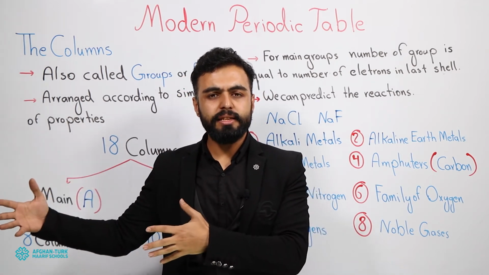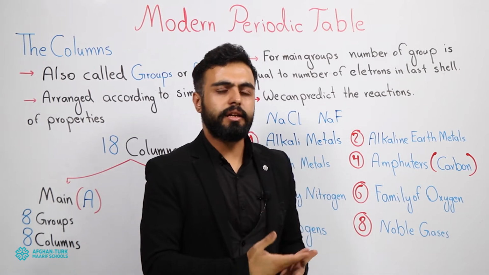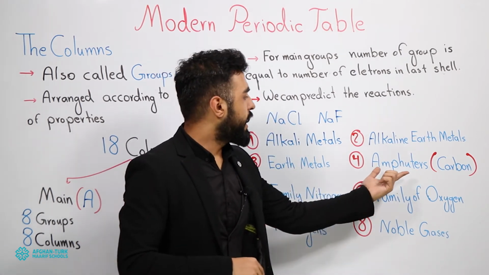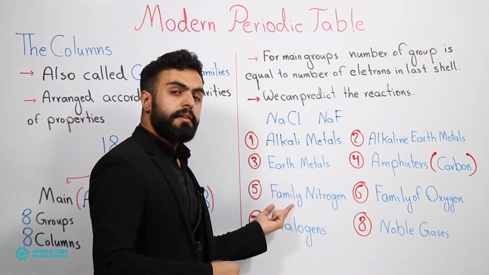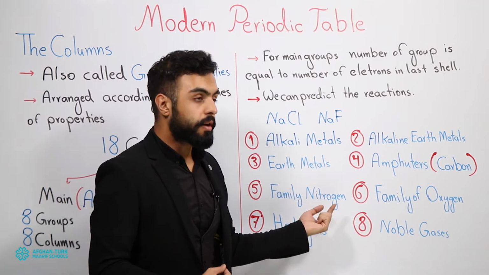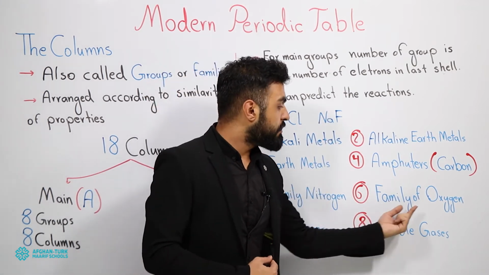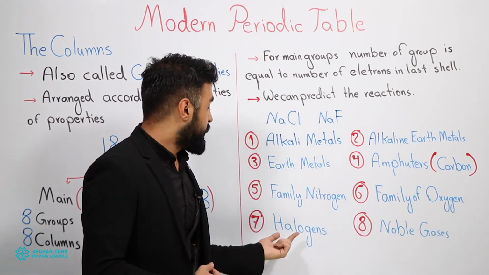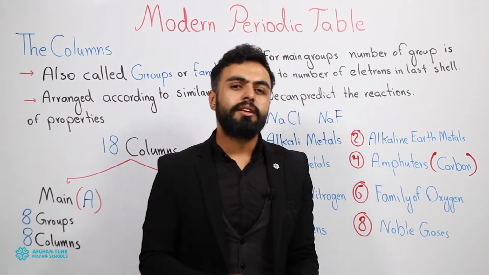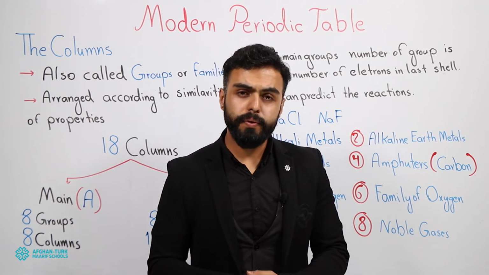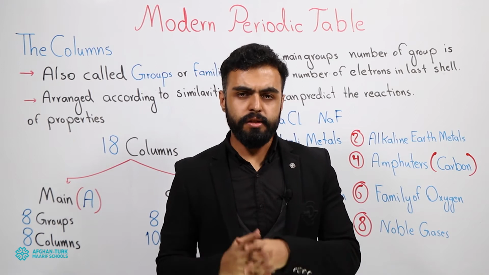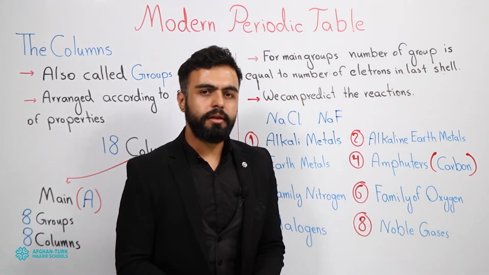Sometimes they react like metals and sometimes like non-metals. Not metalloids, but they are also called amphoters. The fifth one is called the family of nitrogen, because the first element is nitrogen, and then the family of oxygen. The 7th one is called halogens, and the 8th one is called noble gases, or the 0 group, because mostly their charge is 0. So let's go to the periodic table now.